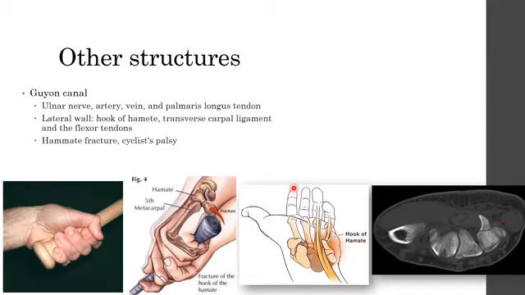Does anybody know why that would be the case? If you injure your wrist in a traumatic event, what usually occurs? Yeah, so if I'm falling on an outstretched hand, right? You lose balance in the air, you're trying to catch yourself. If you fall on an outstretched hand, it usually implicates that area.